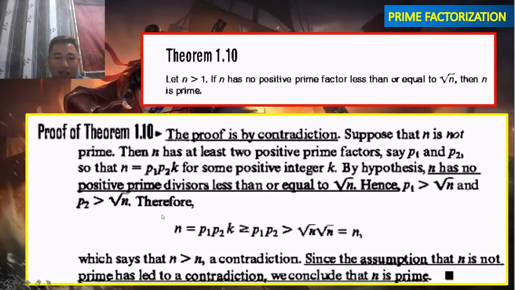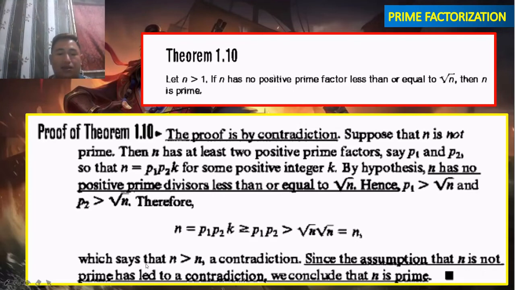Therefore, n is equal to p1 times p2 times k, so n is greater than or equal to p1 times p2. Both are greater than the square root of n, so the product is greater than the square root of n times the square root of n, which is n. So n is less than n, a contradiction.